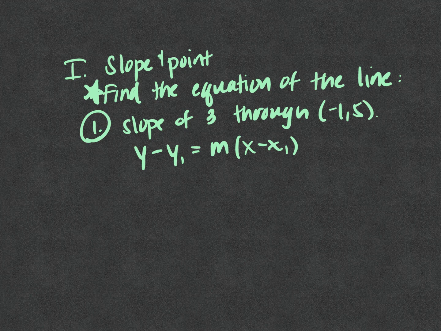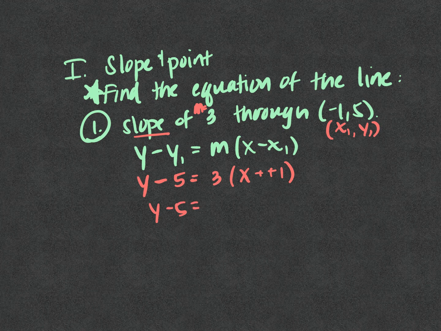Our slope means m, so m equals 3. And this is x1, y1. This means the x from the first point and the y from the first point. So we're going to say y minus y1, in this case 5, equals m, which is 3, times x minus negative 1. Now two negatives make a positive.